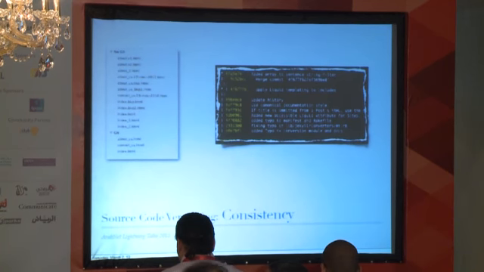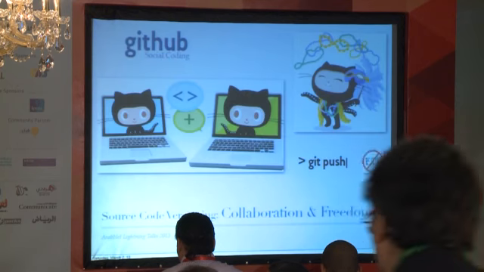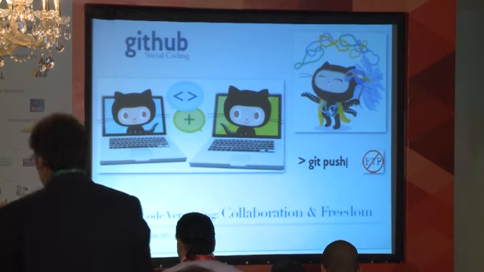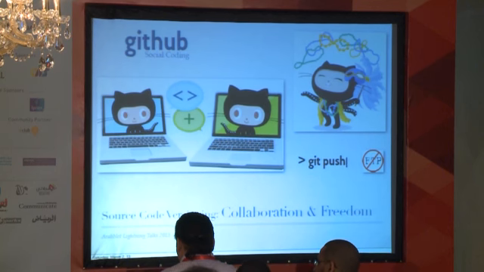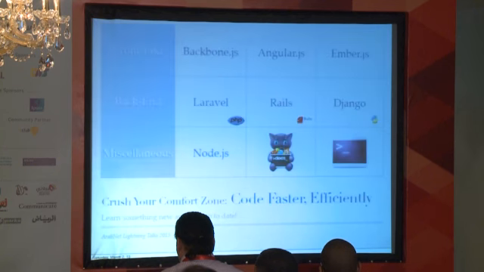And not only that, it also introduces the social aspect of collaboration and freedom. We're talking about freedom of changing code. I have this copy of the code, and I can change it as much as I want, but never touch the actual original copy of the code. And I can also collaborate with all the creators of the code.